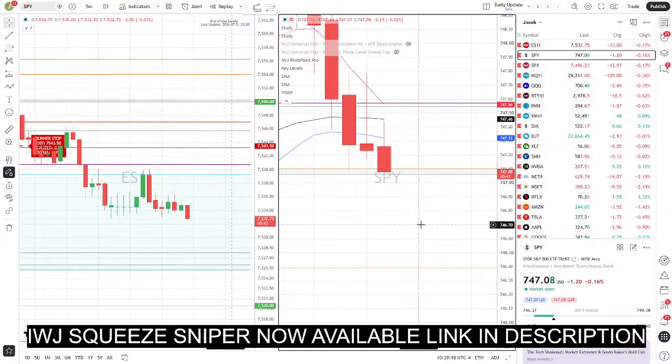And there they go. So now you have a break, a backtest break. Let's see if the bears can go ahead and follow through and close.